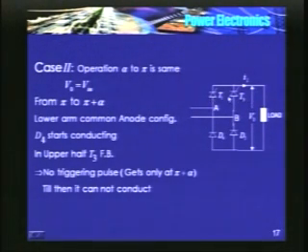We have T1 and T3 making a common cathode configuration and D4 and D2 making a common anode configuration. At omega t equal to alpha, T1 is triggered. The operation of the circuit is the same as that of the previous one. Source, T1, load, D2.